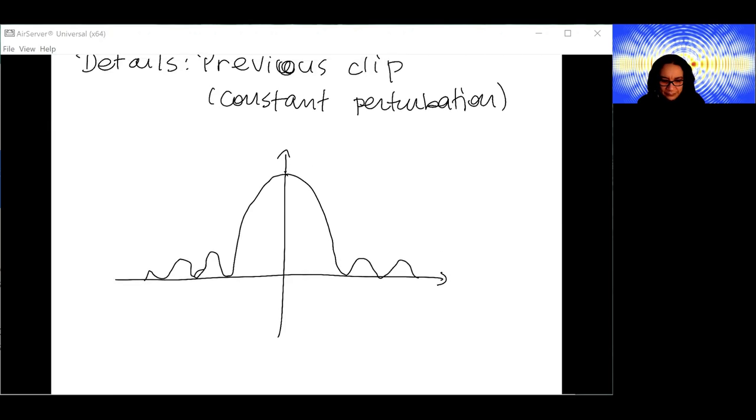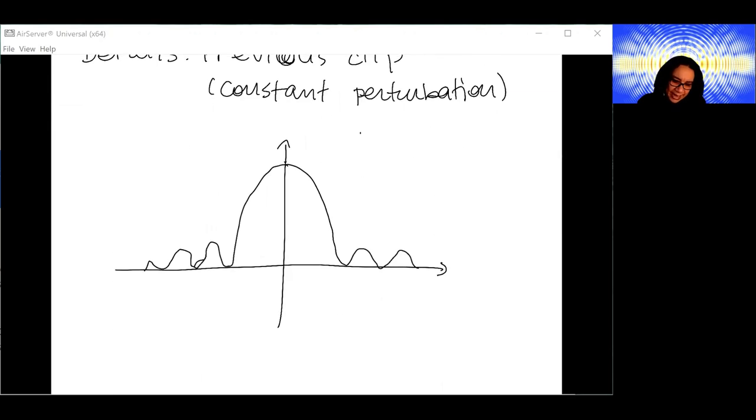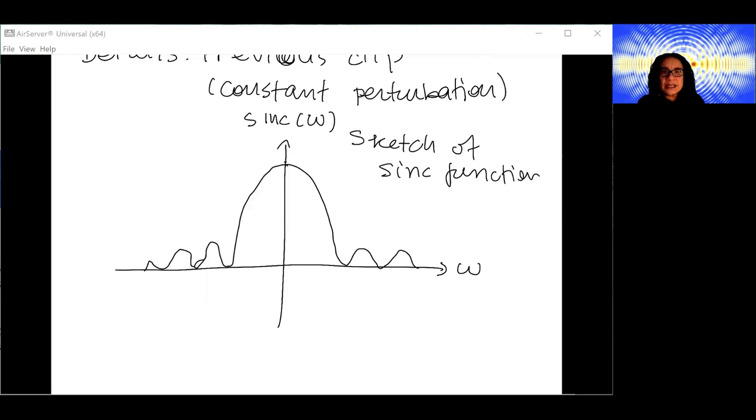Now it's a bit different. So this is just a sketch of the sinc function. So this is omega, and this is sinc omega. So you know how it looks.